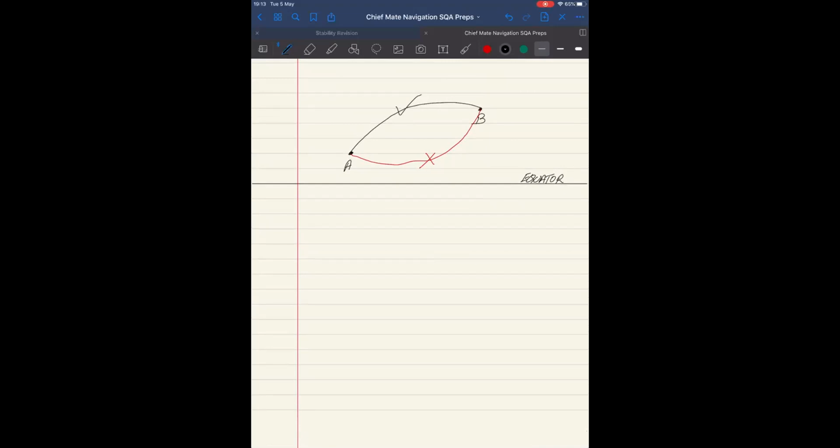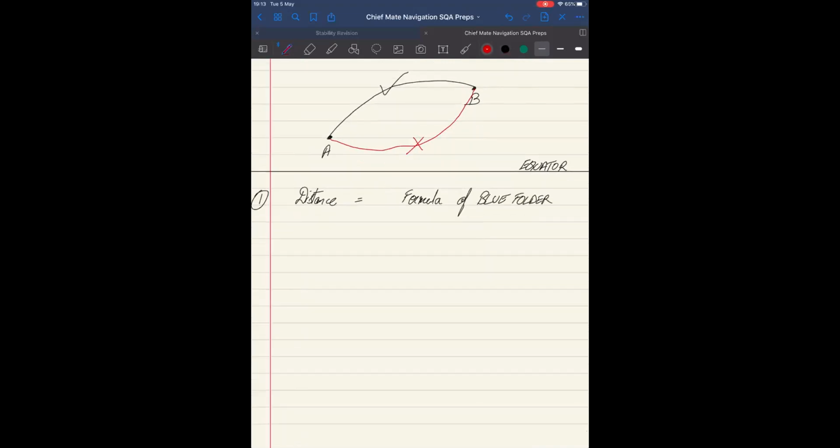Let's look at the formulas again and what all things we need to calculate for the great circle. So number one is basically the distance. You can use the formula of the blue folder, but be very careful that this formula takes distances from the pole.